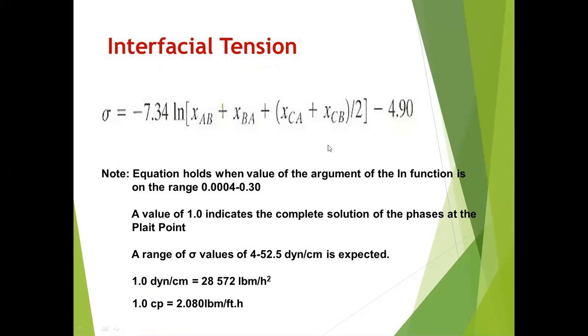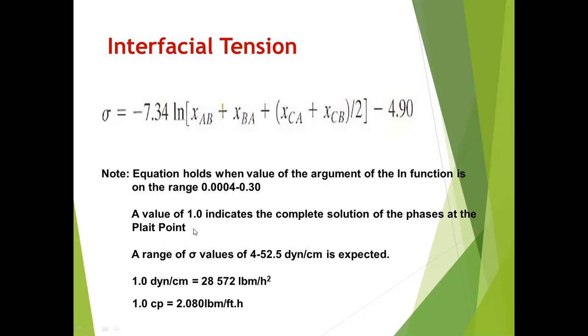The equation provided here will only hold true if the argument of the ln function is in the range of 0.0004 to 0.3. If it's lower or higher than this, you will not have an acceptable interfacial tension.